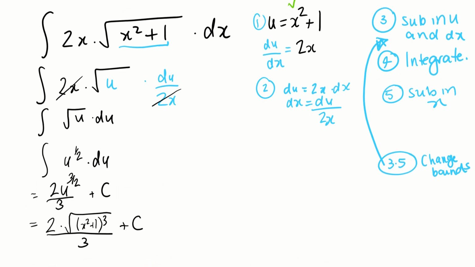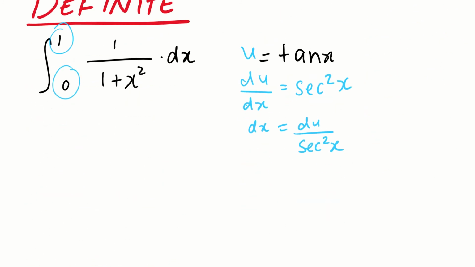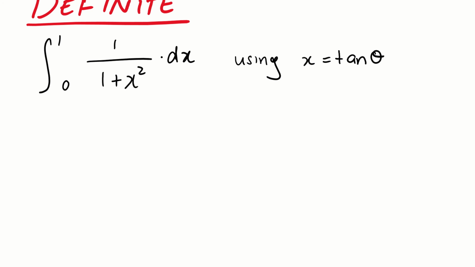Step 3 is sub in my u and sub in my dx. So I'm going to have 1 over 1 plus. So using x equals tan theta, the question asked. Once again, same steps. I'm going to this time differentiate x with respect to theta.